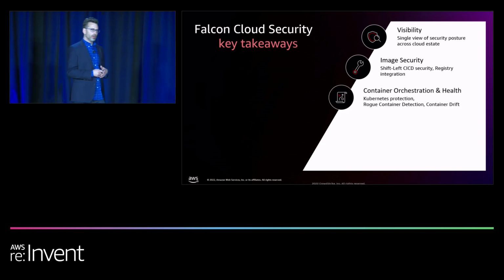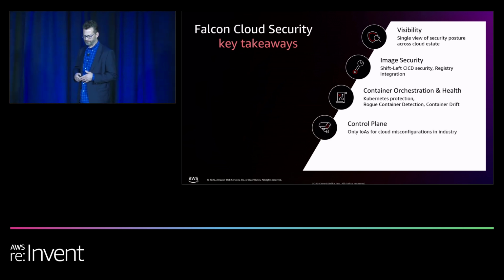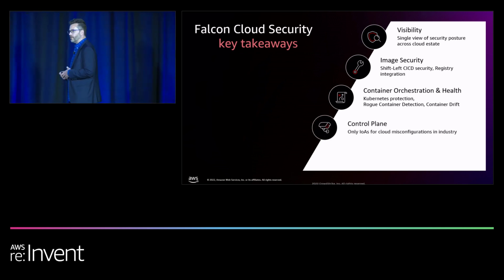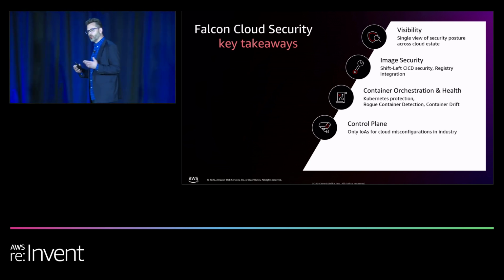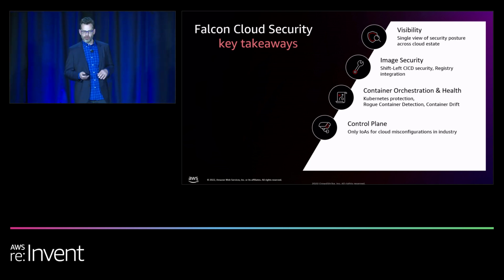We integrate seamlessly with your containerized workflows, your infrastructure as code, GitOps workflows. We leverage the API-driven control plane of AWS to provide that broad visibility of what's happening in your environment overall.